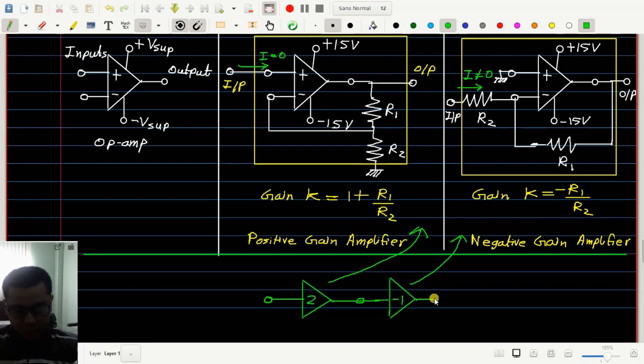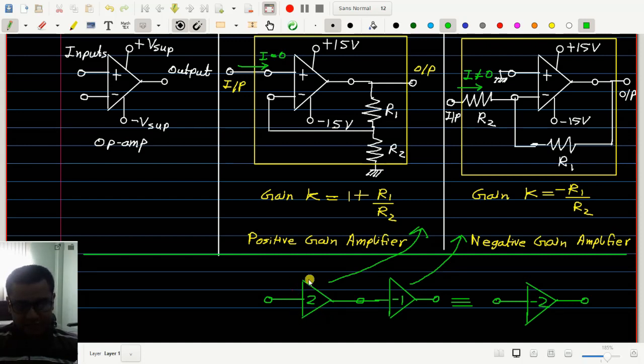Now these two amplifiers together in cascade will be equivalent to one amplifier with gain equal to -2. You see that this amplifier will make this voltage double here, and then this amplifier will make this voltage negative. So the overall gain of these two together will be equal to 2 multiplied by -1, that is -2.